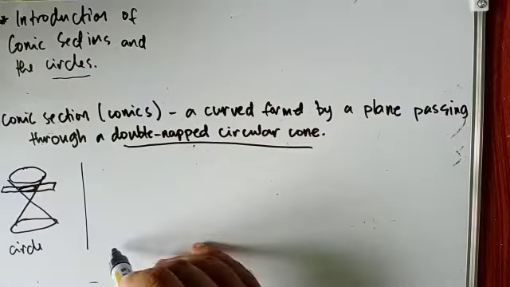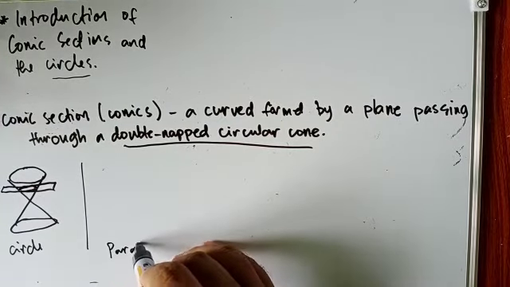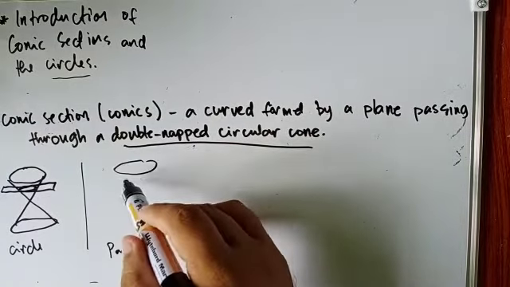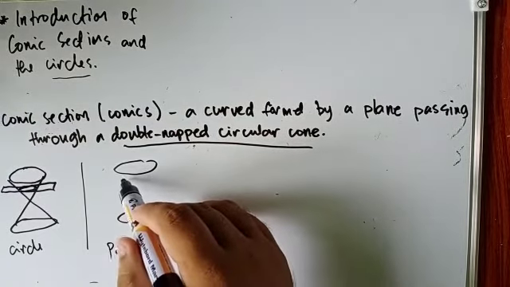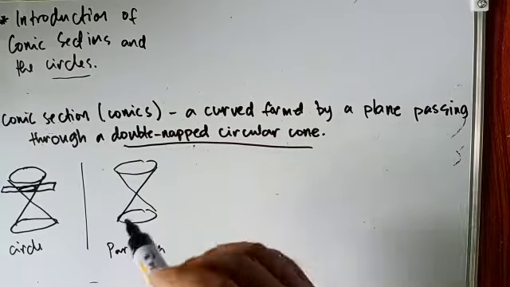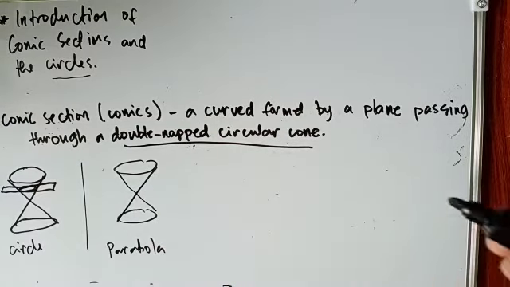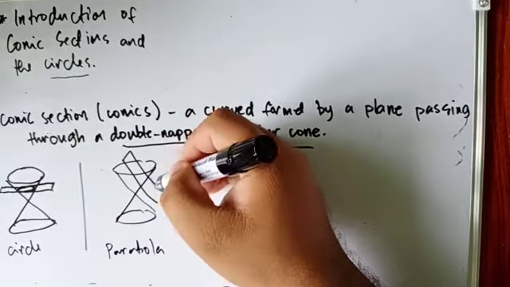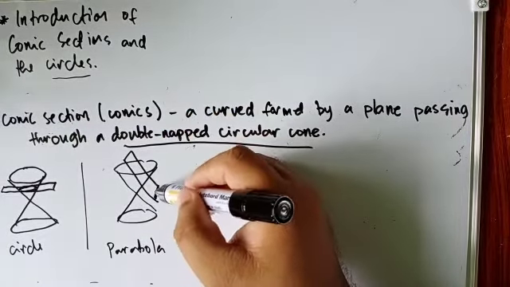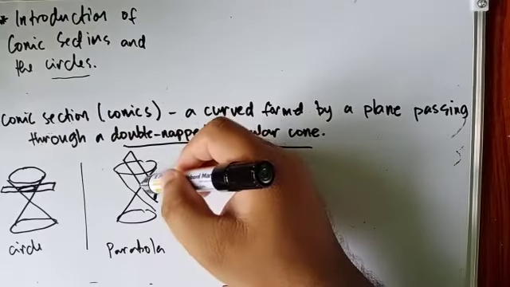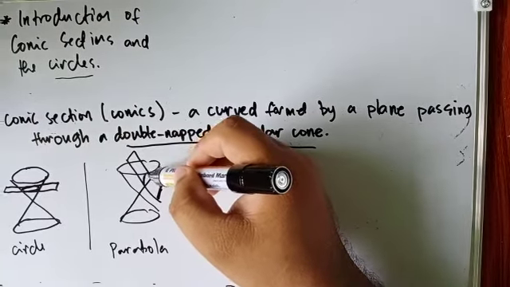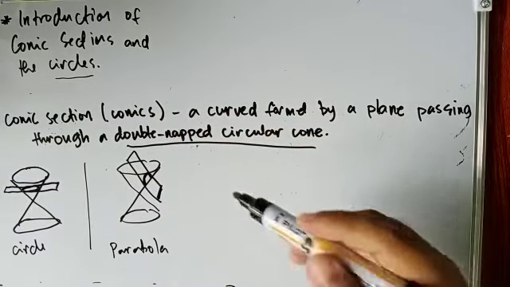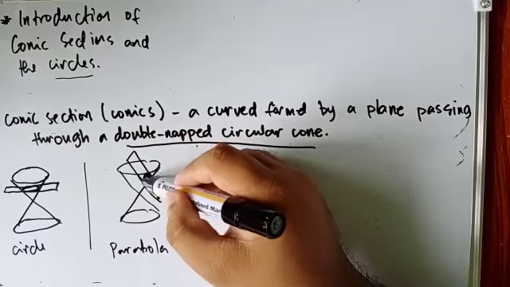Second, pakita natin kung paano ma-create si parabola. So ito yung double napped circular cone natin. Tapos yung plane naman natin is dito natin siya papasukin. So kung mapapansin nyo dyan, mag-create siya ng parang parabola na intersection dyan. Mali yung pagka-illustrate ko.